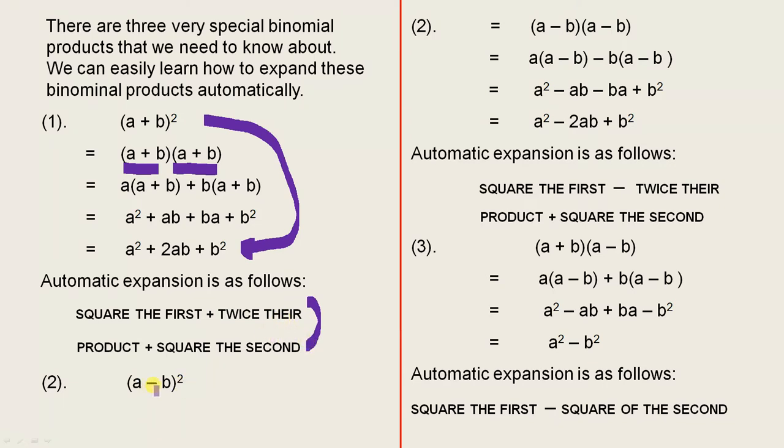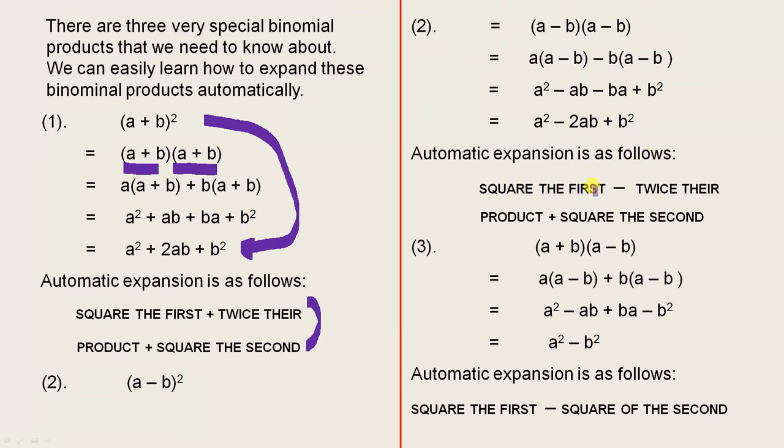Now this is very similar, except there's a minus sign in the middle. So (a - b) all squared, that's what that means. The expansion gives you that line, and then when we remove the grouping symbols we get that line, and that's the answer. So the automatic expansion is as follows. It's very similar to the first one.